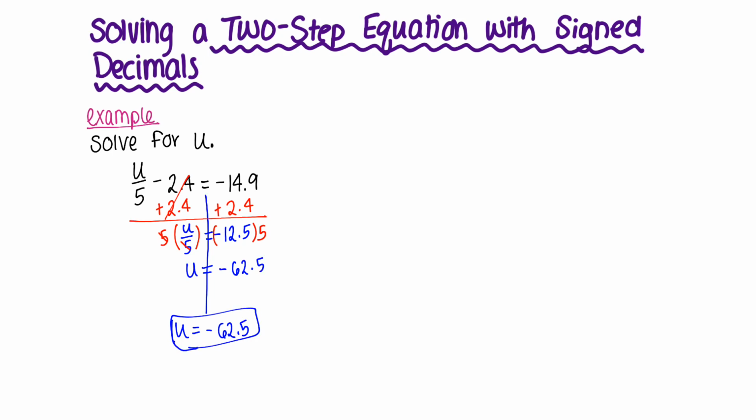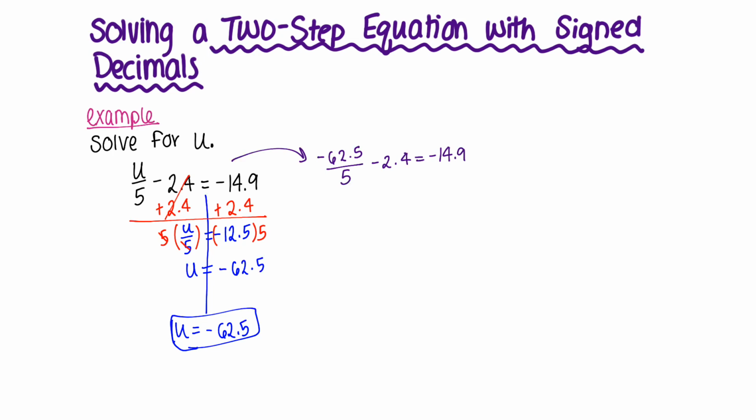I can always check my answer by plugging u back in the original equation. Now, I'm only going to do this on one problem. I won't do it on all of them, but it's a nice thing to be able to do in math. So instead of u, I'll use negative 62.5 over 5 minus 2.4 is equal to negative 14.9.